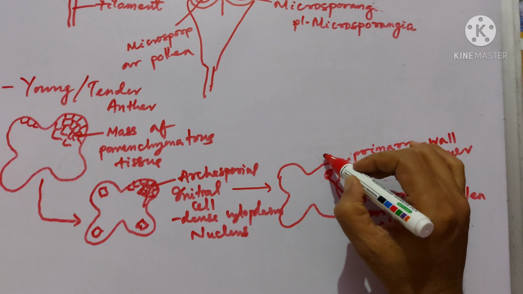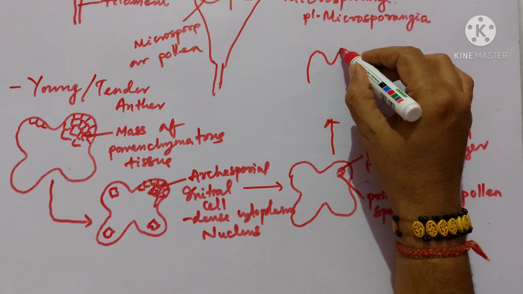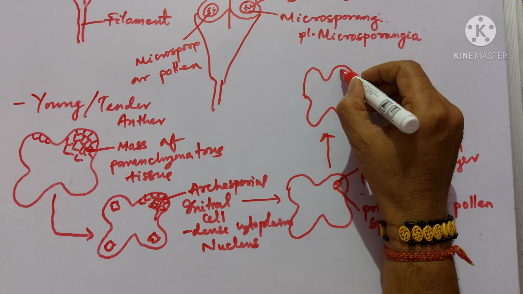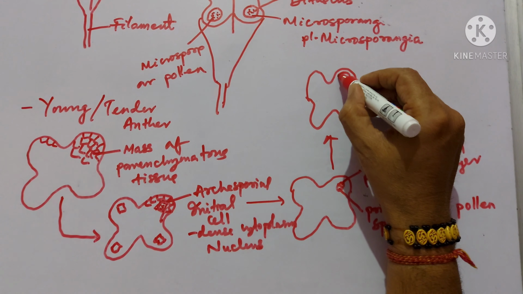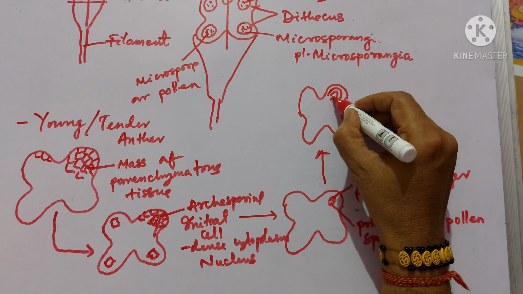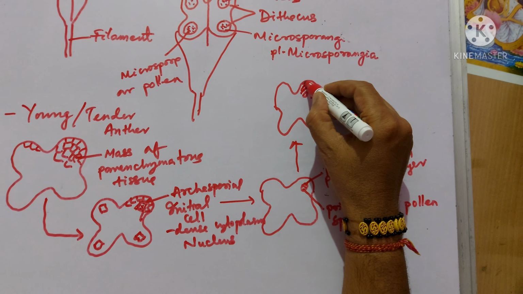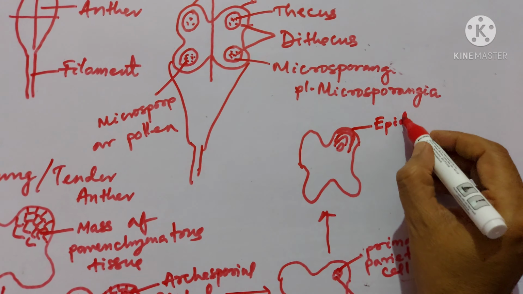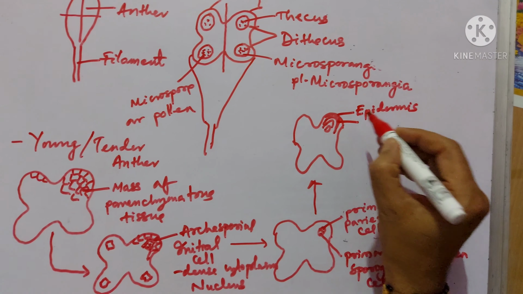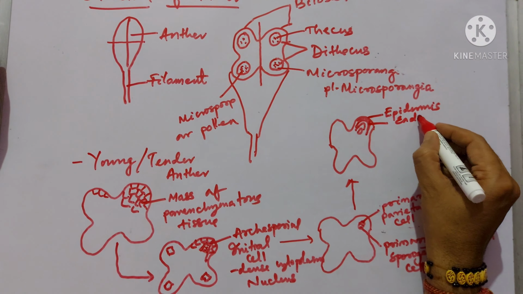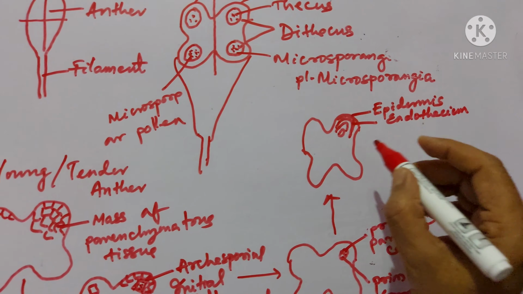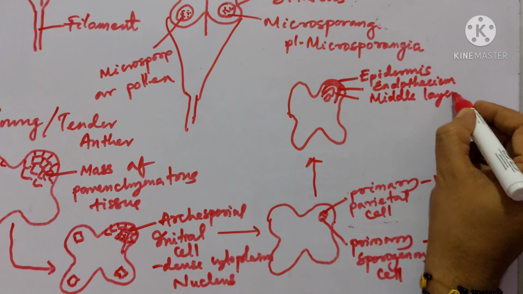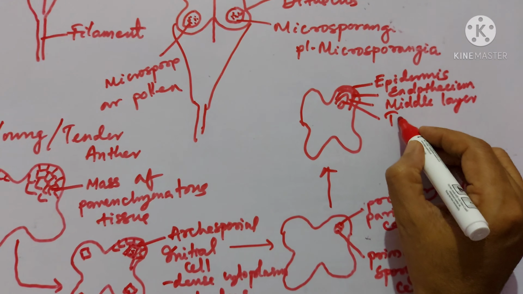So in this next structure, the primary parietal cell divides in all directions and produces the wall layers: outer epidermis, then endothecium, then middle layer, and innermost is the tapetum.